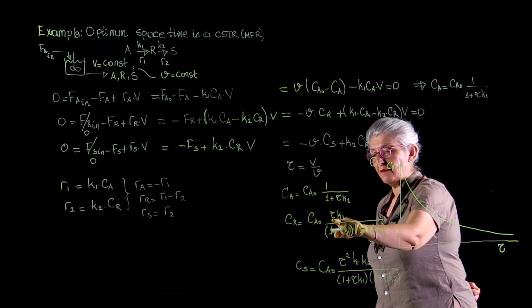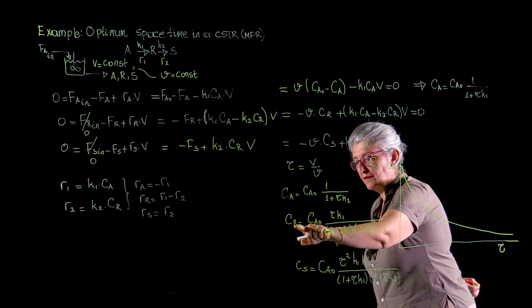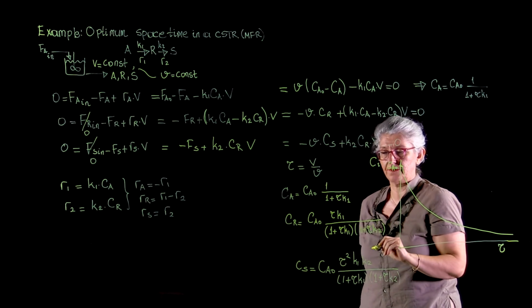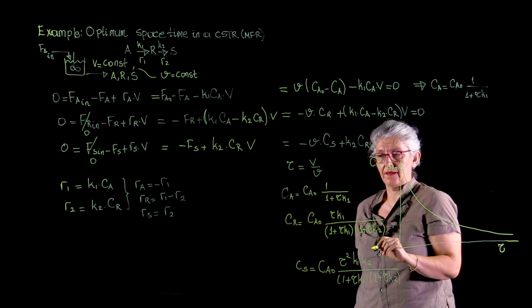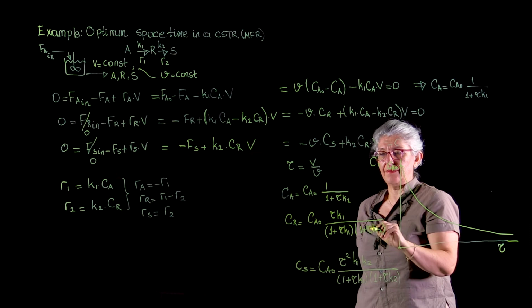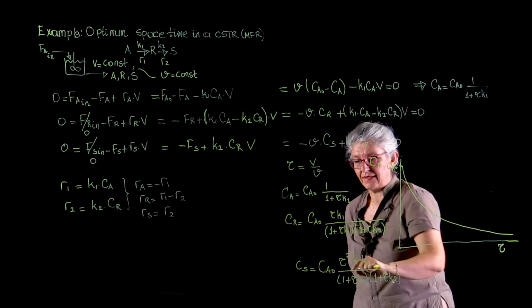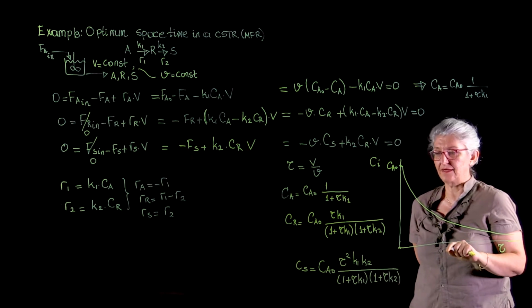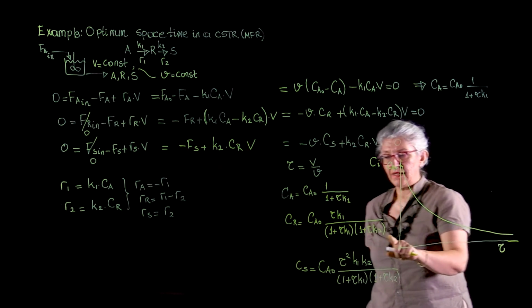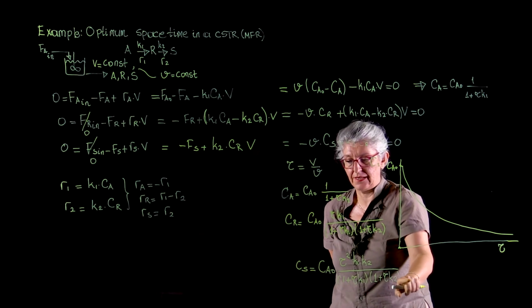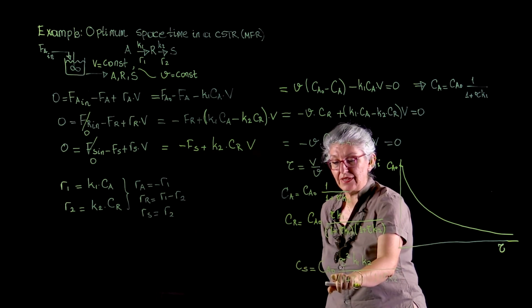When space-time is equal to 0, Cr and Cs are 0, so they start from 0. The behavior of R and S are slightly different. As tau goes to infinity, Cs goes to Ca0.